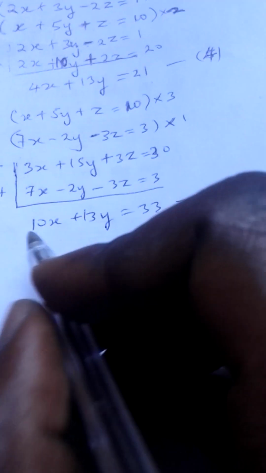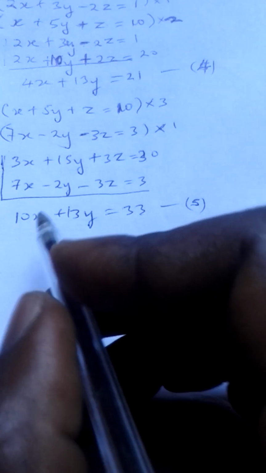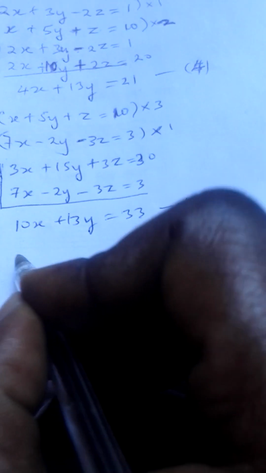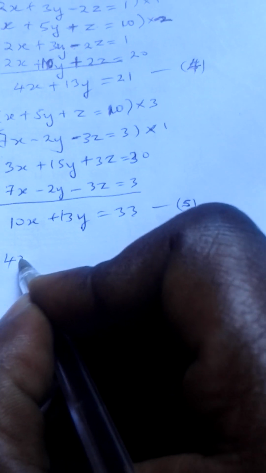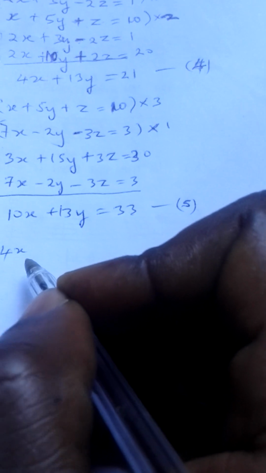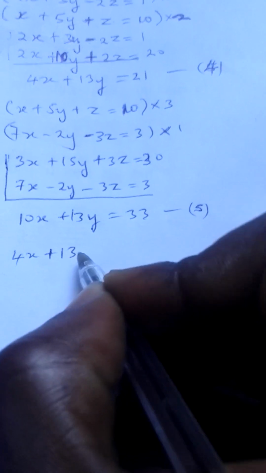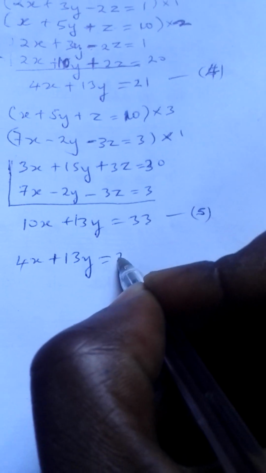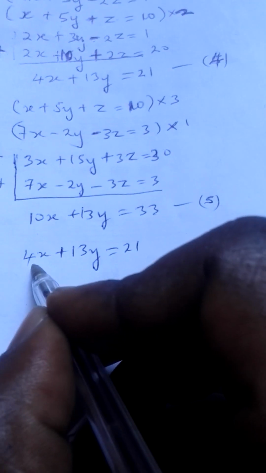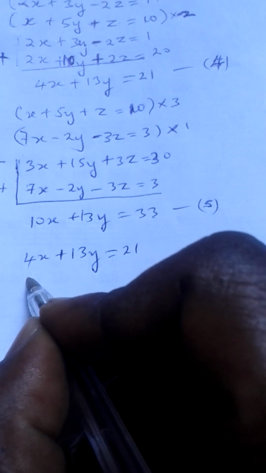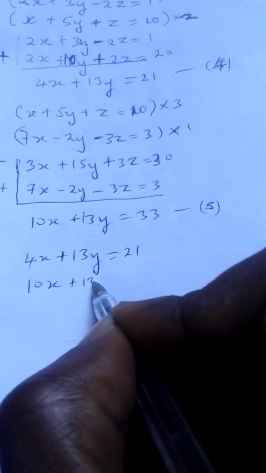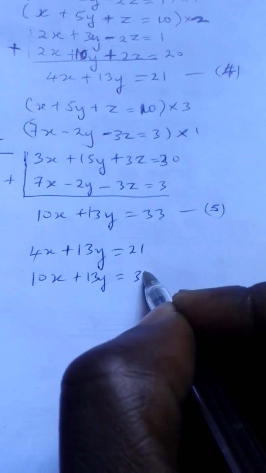So now equations 4 and 5 are going to have to be dealt with together, by either elimination or substitution. But since we're doing elimination, we're going to use elimination for equations 4 and 5. 10x plus 13y equals 33.